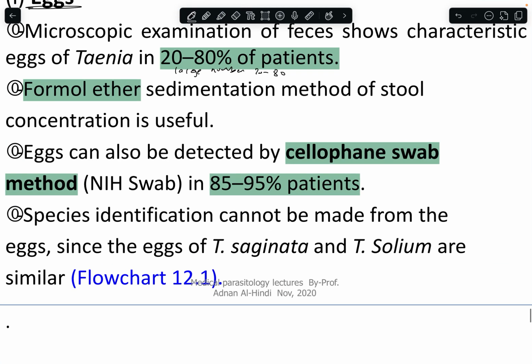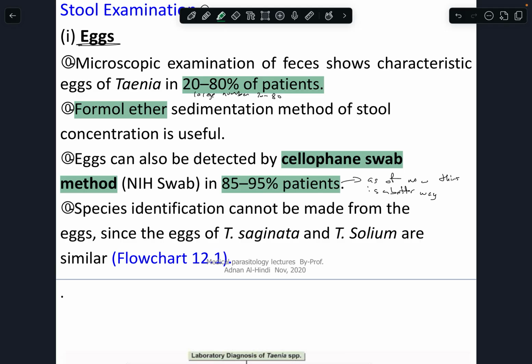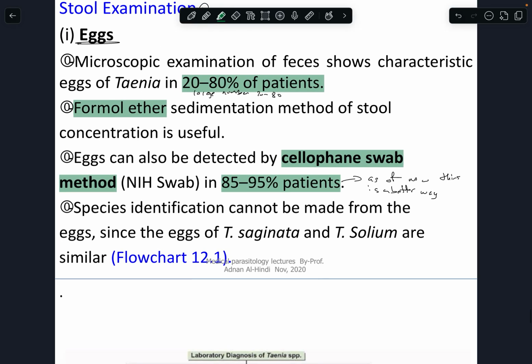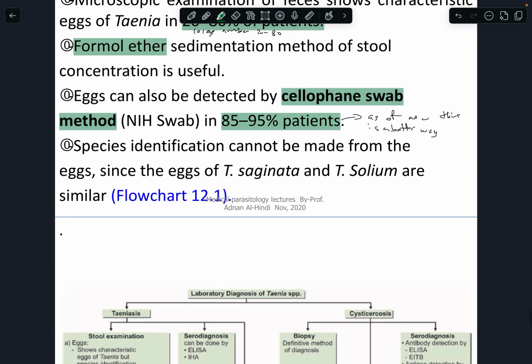As of now, this is a better way of examination. Species identification cannot be made from the eggs, since the eggs of T. saginata and T. solium are similar.